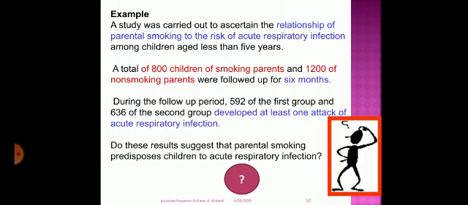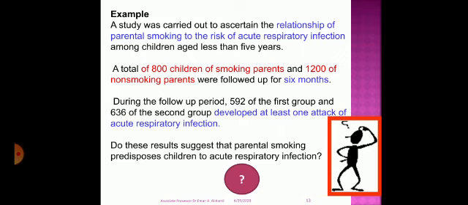For example, to be more understandable, we are going to take an example. If we want to assess the relationship between smoking of parents and the development of acute respiratory tract infection among children.